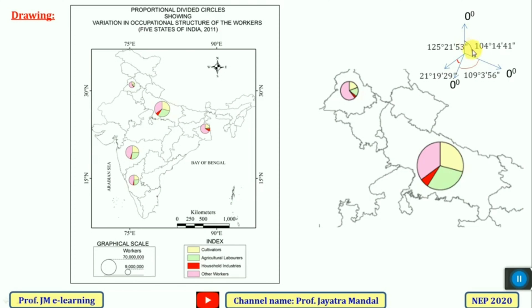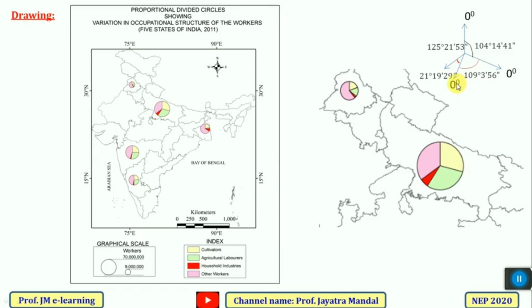and this is the angle. Next, for agricultural laborers, this is the baseline, this is the 0 degree. From here, take the angle for agricultural laborers, that was 109 degree 3 minute 56 second.